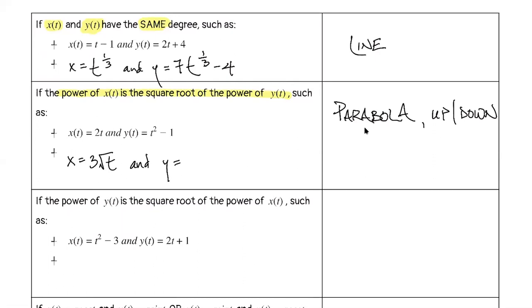So if I had something like 5t minus 6, okay, the power of t in the first one is the square root of the power of t in the y equation. So I'm going to end up with a parabola. So it's not necessarily the power you see is the power you're going to get. It's what's the relationship between the powers of x and y.